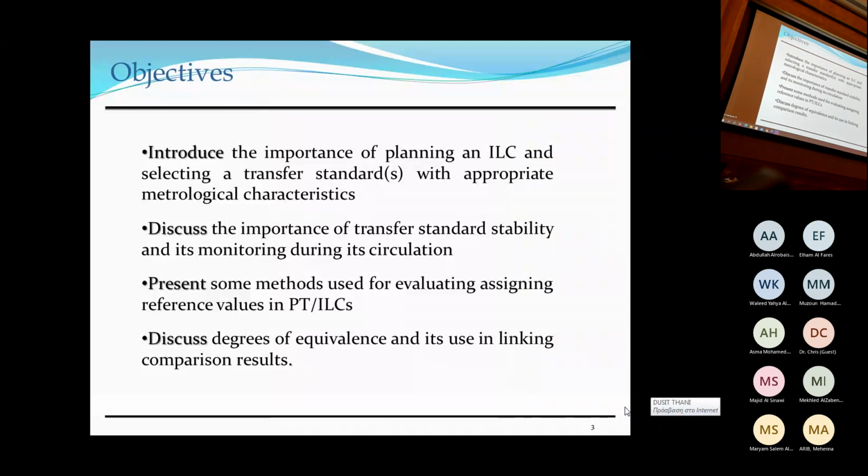So the basic idea, the basic concept behind an ILC, a comparison, is that everybody's measuring the same thing. And everyone has to make a decision with regard to whether this same thing represents the same physical quantity.